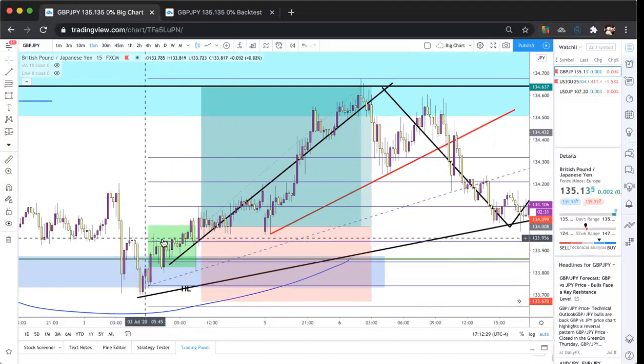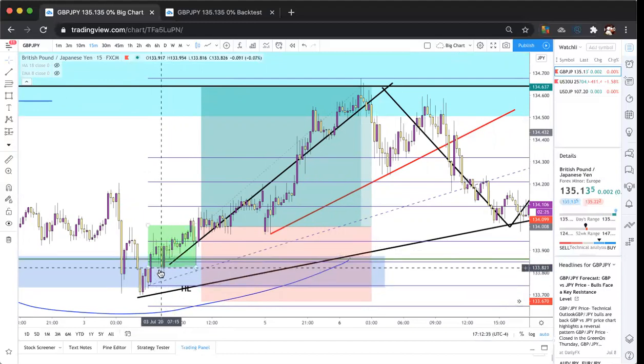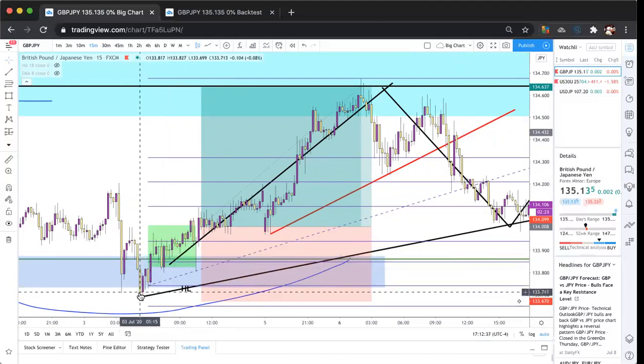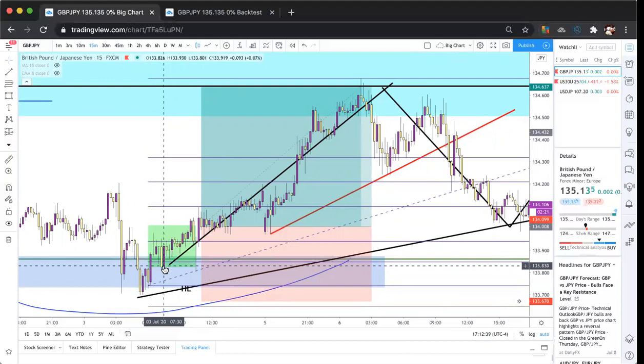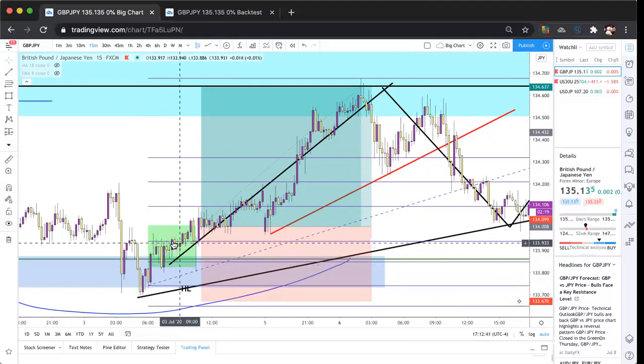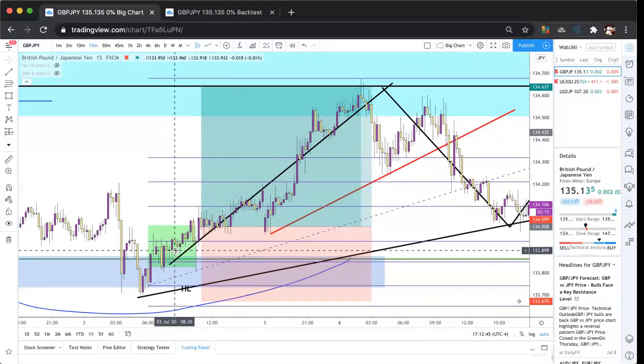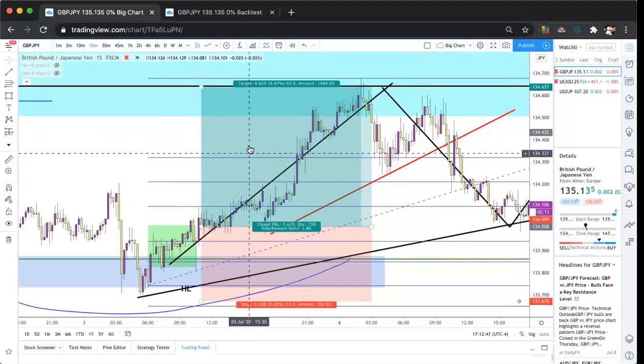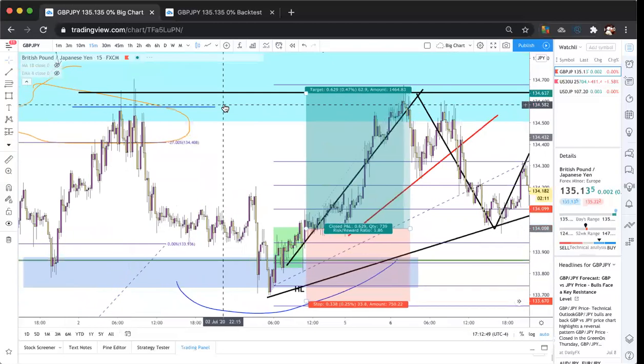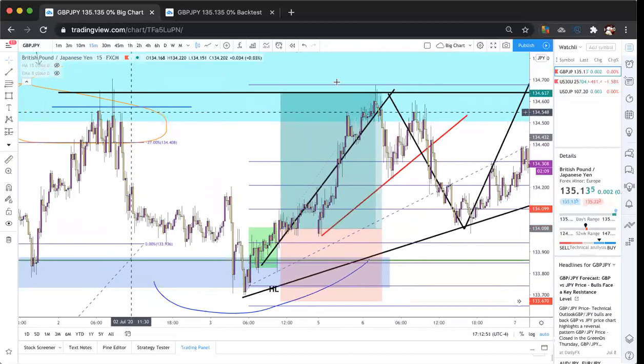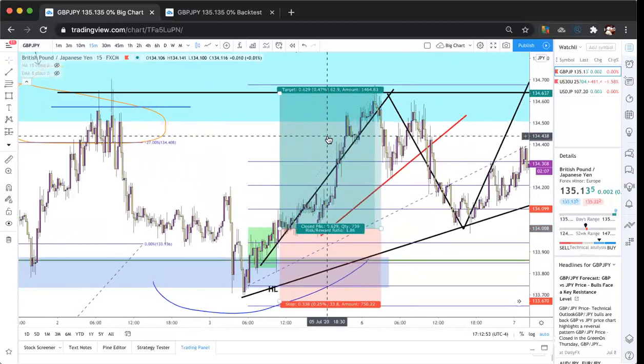You had it coming up here, just testing this resistance that was already up here. But you understood that on that lower time frame, you still had higher low points being made. Higher low point, higher low point, higher low point, and all of this looks attractive. So it's like, boom, take it up, set your stop loss, let it flow. Boom, take it to that previous resistance. You see what I'm saying?